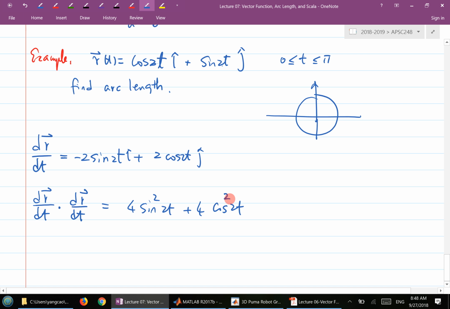Now this is the least kind of trigonometry formula I would expect you to remember. What's cosine theta squared plus sine theta squared? 1. A lot of people worry about formulas in the exam.